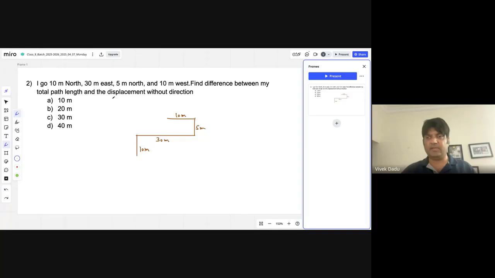So TPL is how much? 10 plus 30 plus 5 plus 10. So sorry, 10 plus 30 plus 5 plus 5 plus 10, which is, as you said, 55 meter. Then displacement without direction. I've asked you to ignore the direction part of displacement. If you ignore that, then this is the displacement. How much is this length?